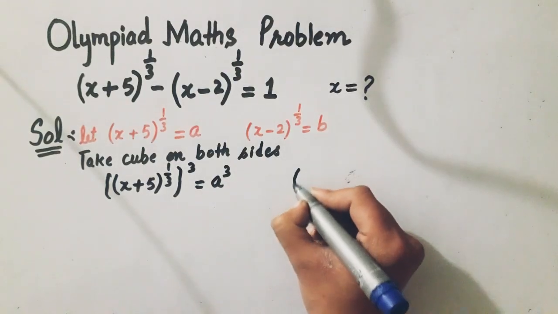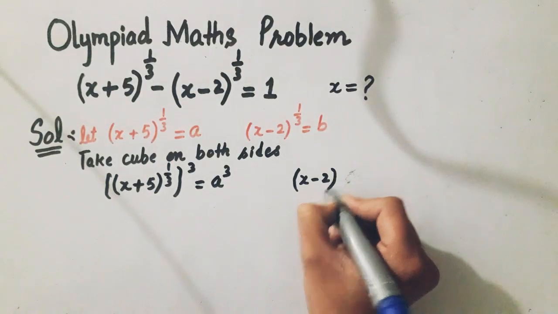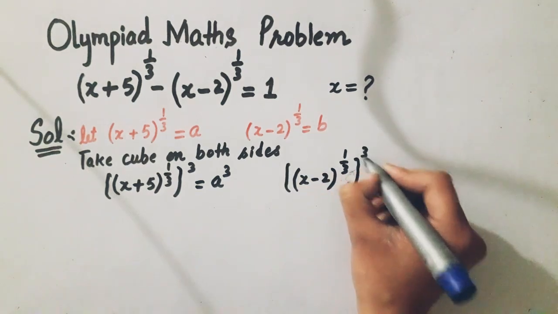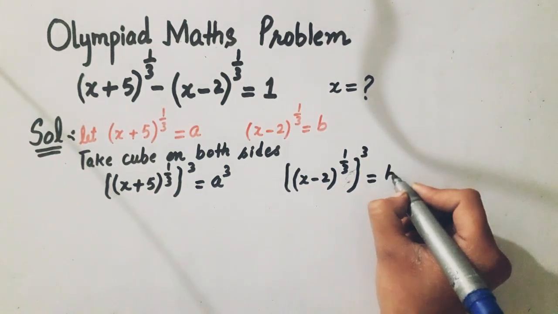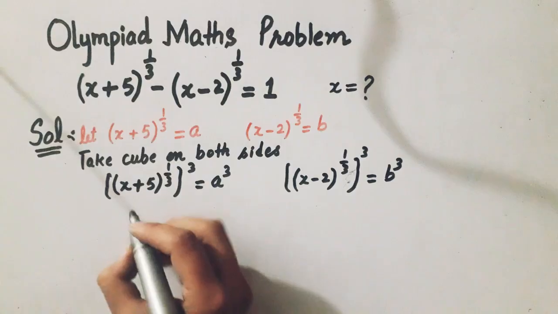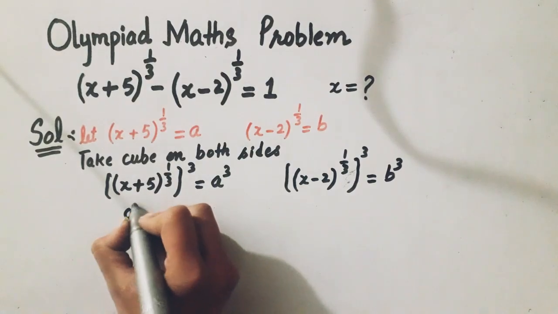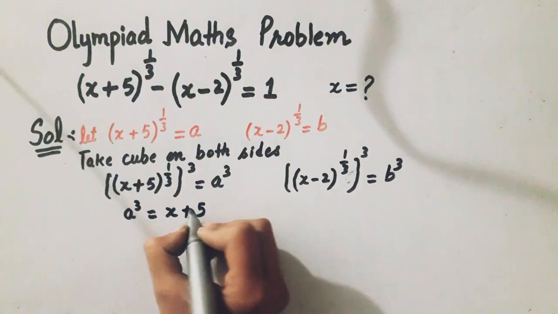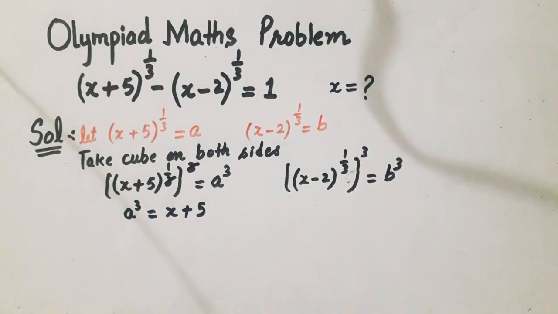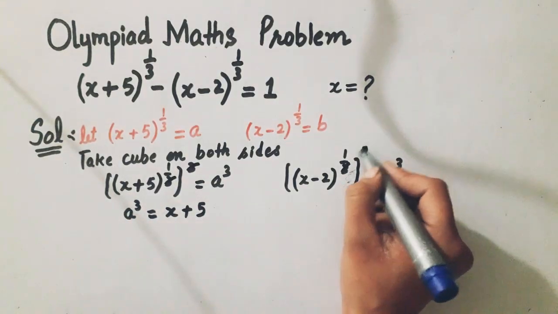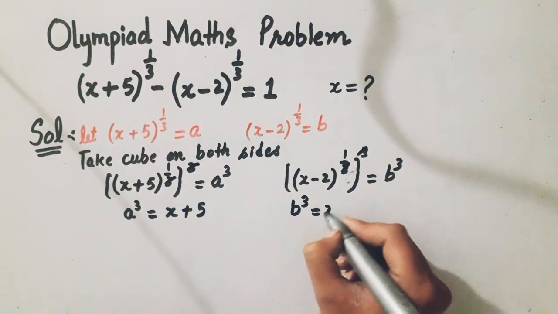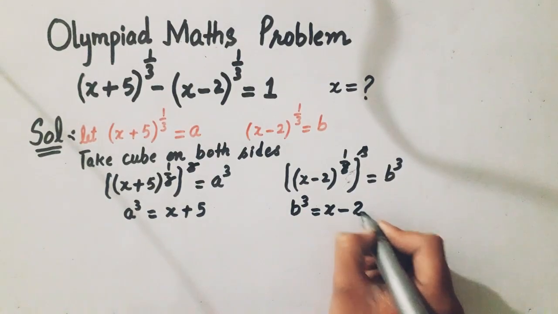And on this side you have (x minus 2) power 1 by 3 whole cube equals b cube. That means a cube equals x plus 5, because this 3 and this 3 cancel out. Similarly, this 3 and this 3 cancel out and you have b cube equals x minus 2.